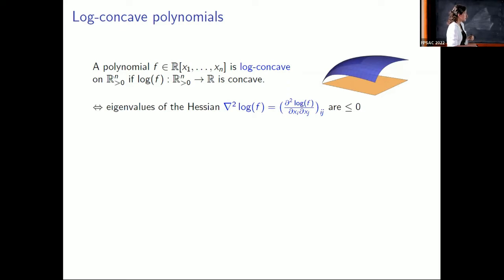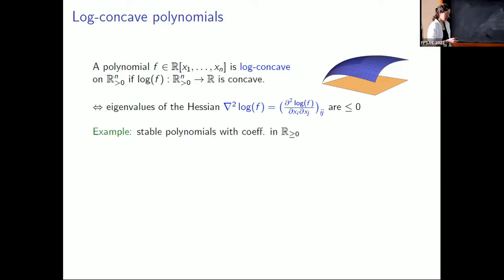This is equivalent to the condition that the Hessian of log of f is negative semi-definite when I evaluate at any point in the positive orthant. And in fact, stable polynomials, this generalization of real-rooted polynomials whose coefficients are non-negative, immediately have this property by a generalization of the real-rootedness calculation for univariate polynomials. In particular, the generating function of the spanning trees of any graph is log-concave on the positive orthant.